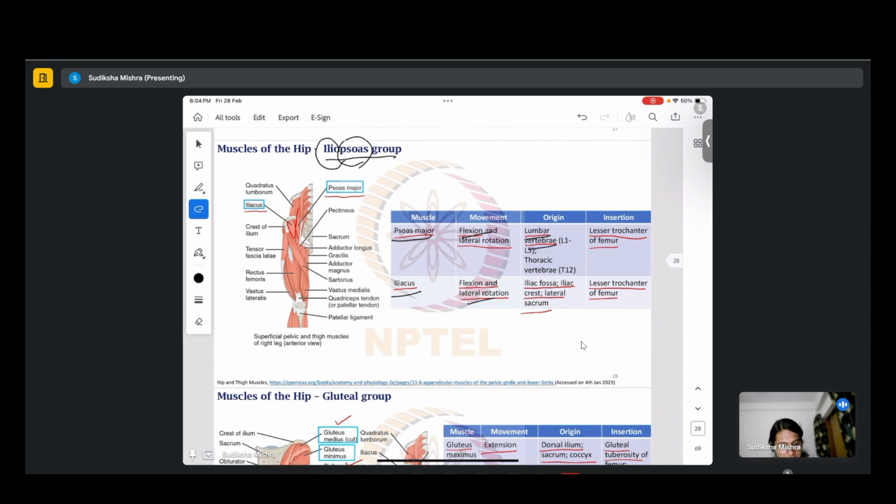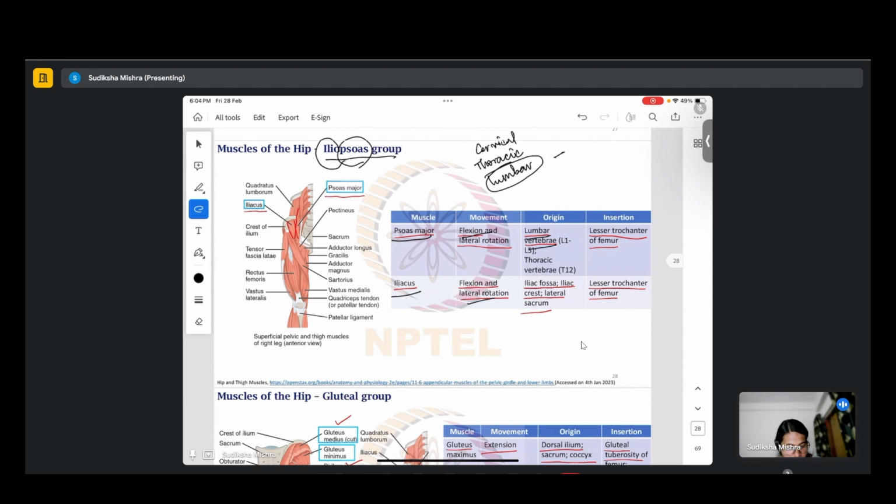The psoas major muscle originates from the lumbar vertebrae. If you remember, the vertebral column is divided into cervical, thoracic, lumbar, and then you have the tailbone. If you anatomically place it, the lumbar region will be somewhere near the stomach.